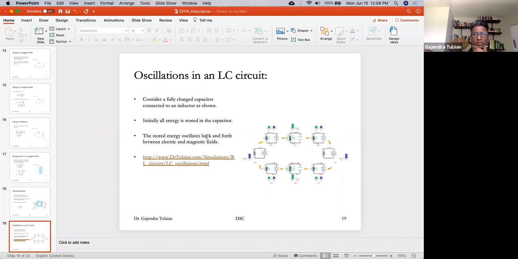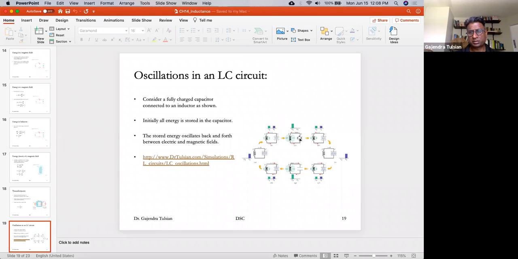Okay, so what we'll do is consider a fully charged capacitor. We'll charge this, here's a fully charged capacitor. So we stored energy in the form of electric fields. Initially all the energy is stored in the capacitor. And then this energy drives a current through the inductor. And so some of the energy is being transferred into magnetic fields here, and so on.